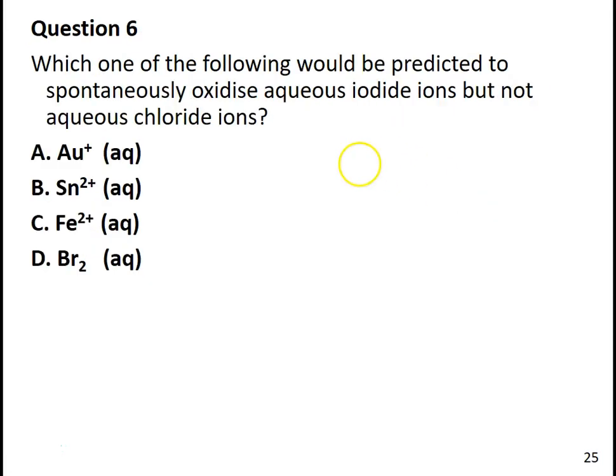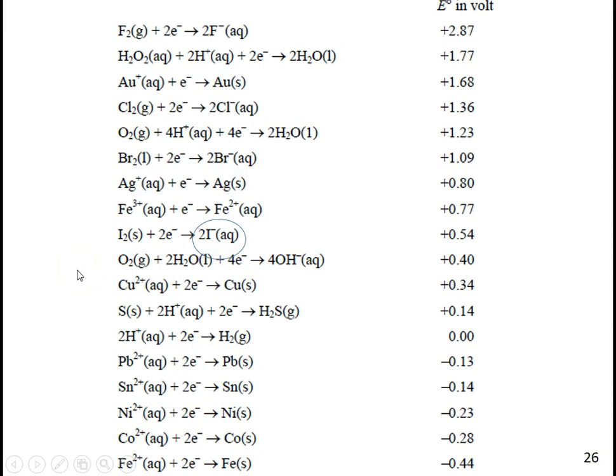Which of the following will be predicted to spontaneously oxidize iodide ions in water, but not react with chloride ions in water? Which one of the following here? So we've got iodide ions and we have chloride ions. So we want something that will react with this but not react with this.